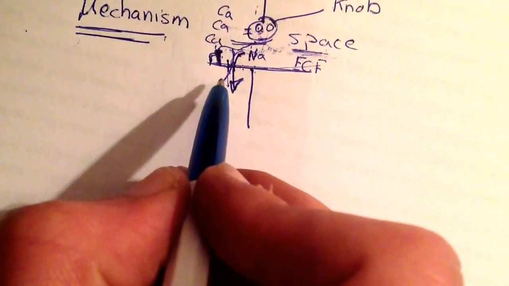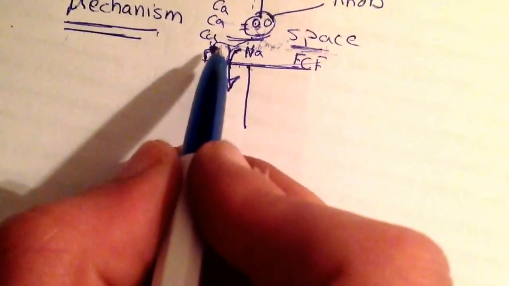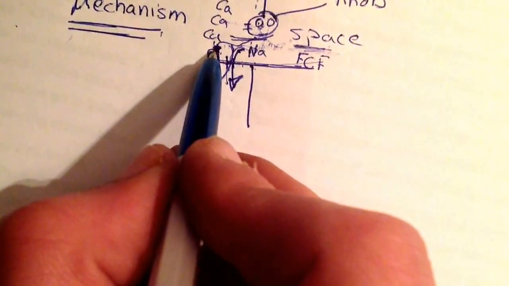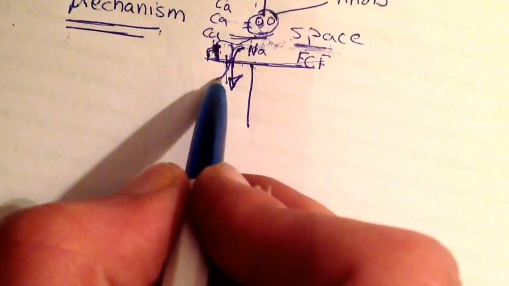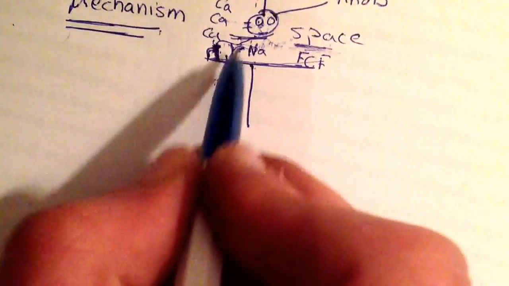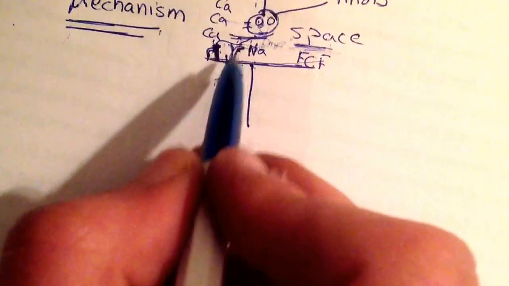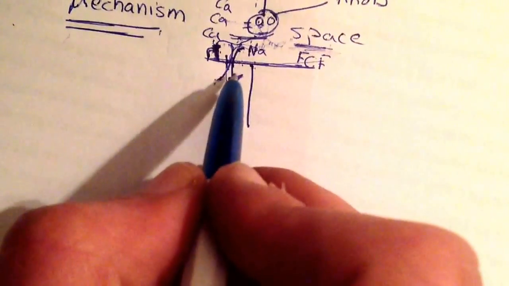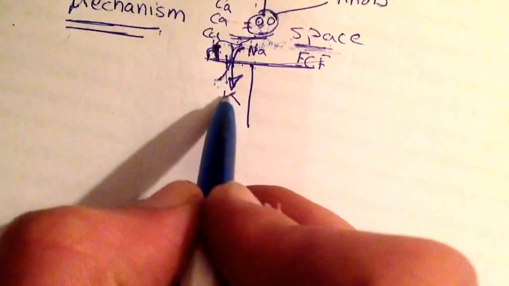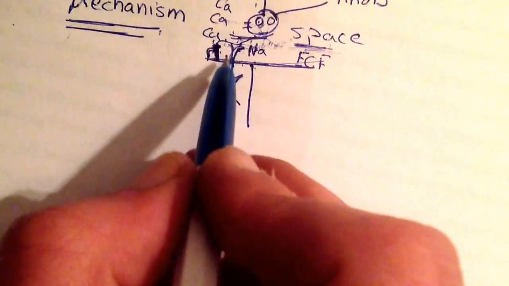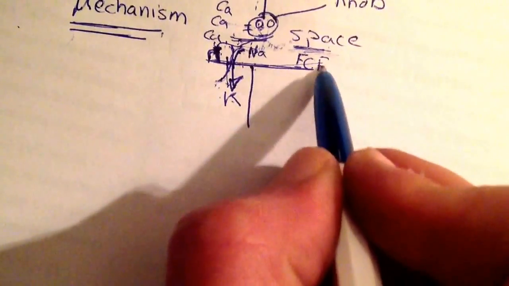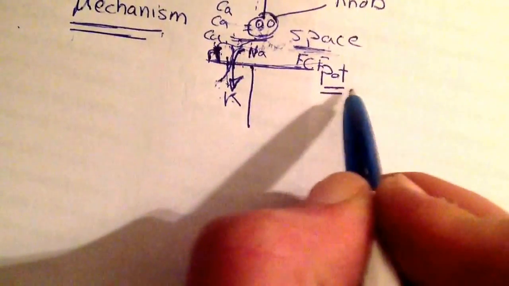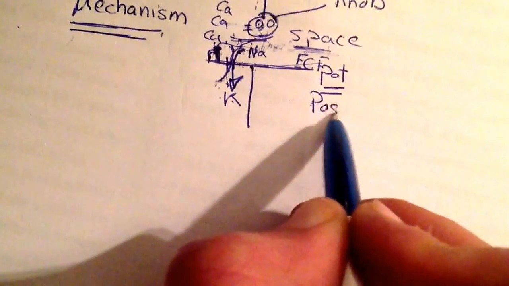But if this chemical transmitter is an inhibitory chemical transmitter, this will open potassium channels, and potassium will efflux from inside to outside. Whether sodium enters or potassium goes to outside, there will be a potential change occurring here known as the postsynaptic potential.